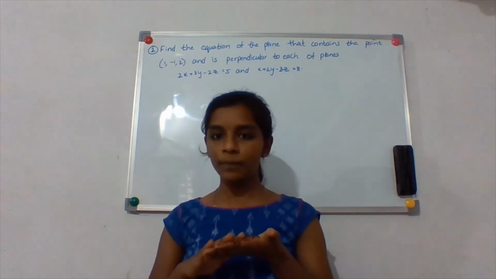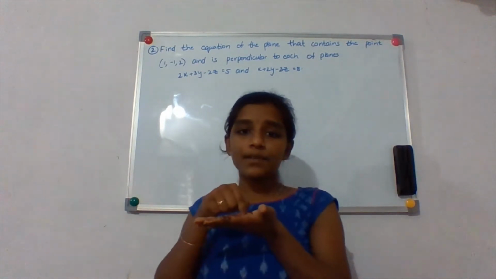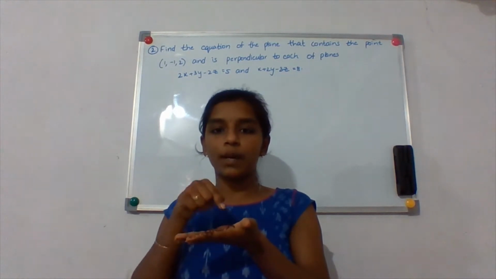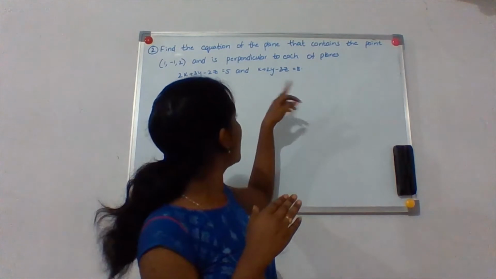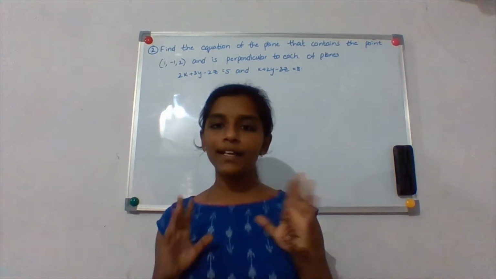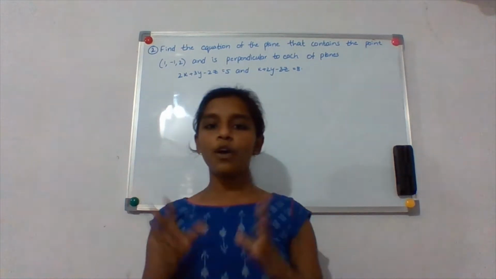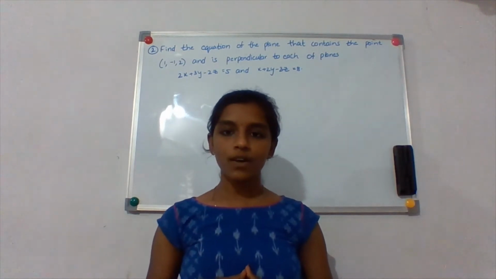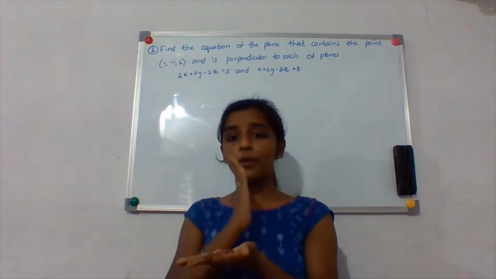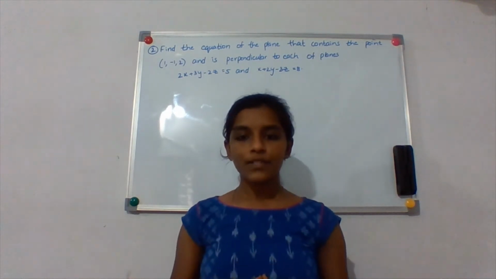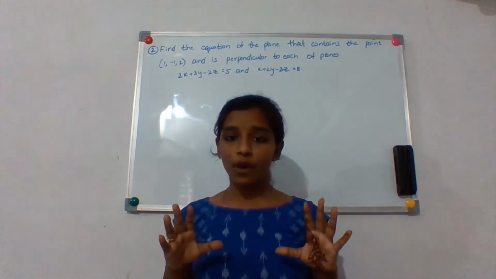On that plane there's a point 1, -1, 2, and it is perpendicular to each of the two given planes. So now there's a plane equation and you have two perpendicular planes. Let us discuss what the procedure is.